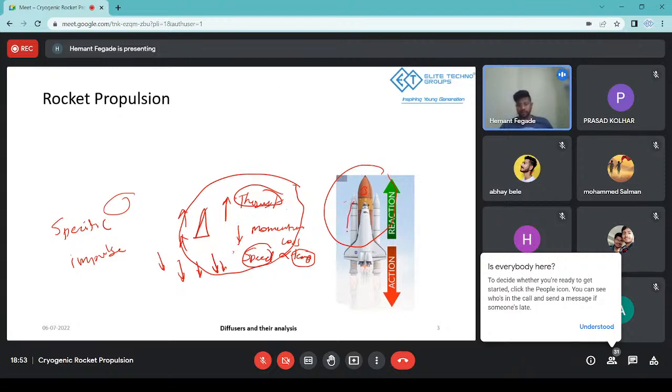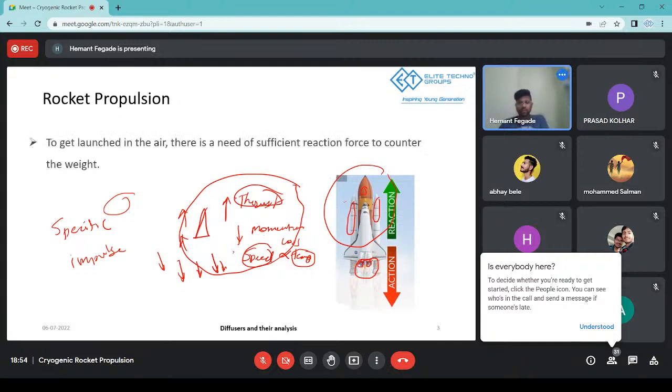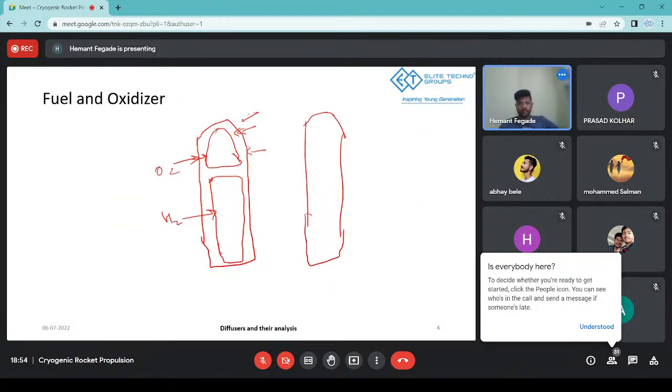Then there are these two propellants, which are basically launch pad vehicles, helping this whole assembly sustain the flight and get into the atmosphere. Your actual engine, the cryogenic engine, is over here. If you see these are the two exhaust systems, then there are two cryogenic engines. So this red tank is the fuel storage tank, which is used to store the fuel.